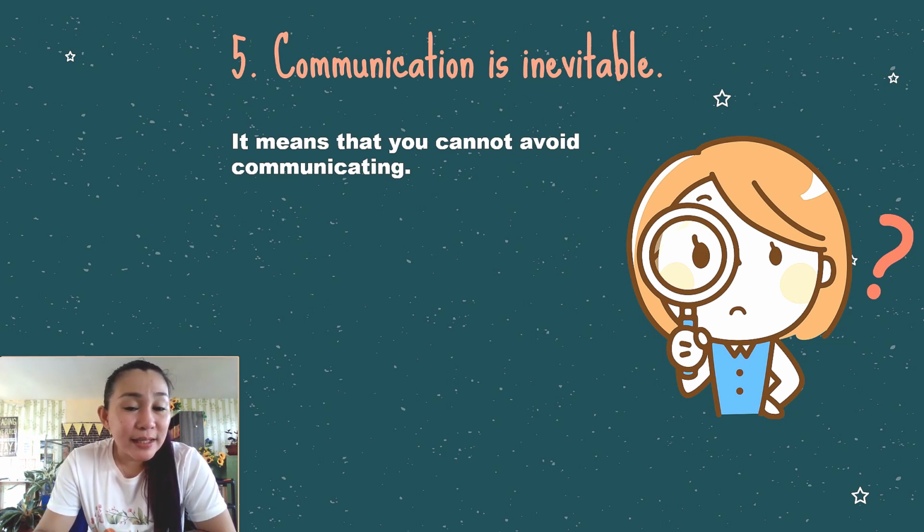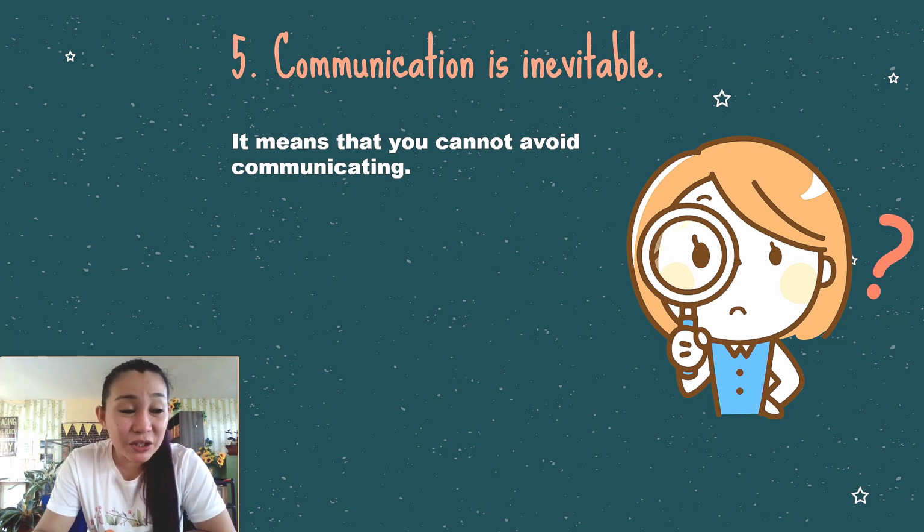Remember, when we say communication, this does not want to communicate. When someone doesn't want to communicate, can you do that? Diba? When we say, I don't want to talk to other people, and you tend to stay in your room the whole day, you don't want to eat, but the people around you could sense that you are not okay, right?